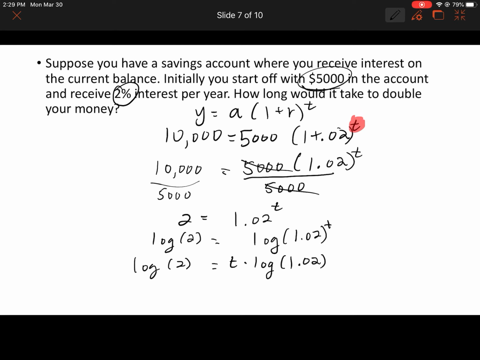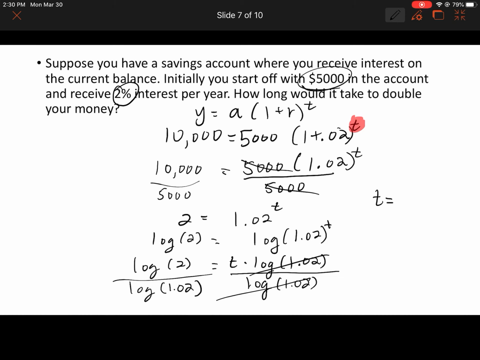Okay. Next up is getting the t by itself. If I take the side with the t, and I divide both sides by the log of 1.02, divide by log of 1.02 over here too, these logs are going to reduce each other, and then we're going to have t by itself.